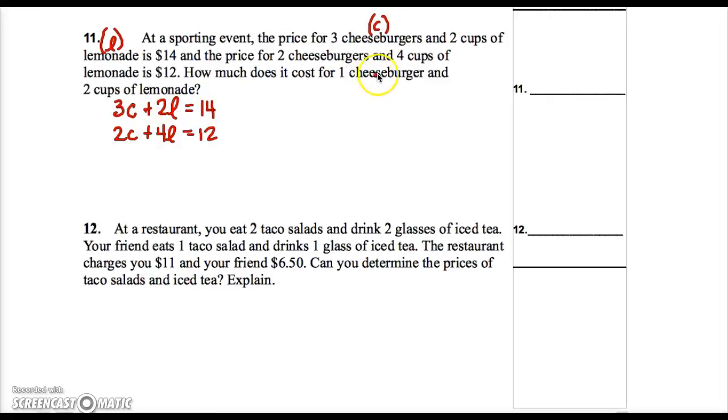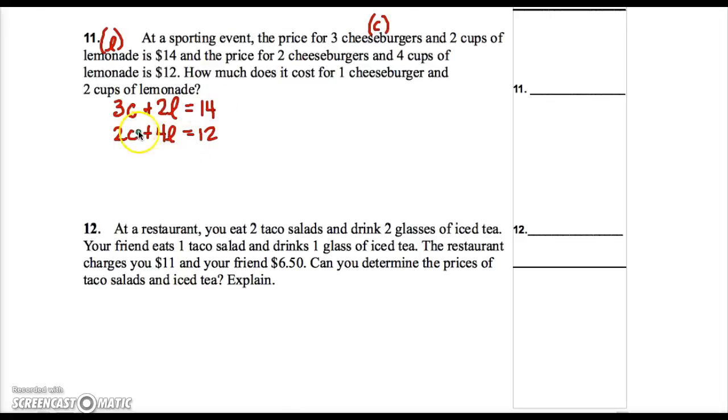They want to know what it costs for 1 cheeseburger and 2 cups of lemonade. So we need to solve this and figure out what C would be and what L would be. So it's not in a form. The equations aren't in a form to graph them. And it looks like neither one of them is solved for C or L, so I can't substitute. So the easiest way to solve this would be to eliminate one of them.